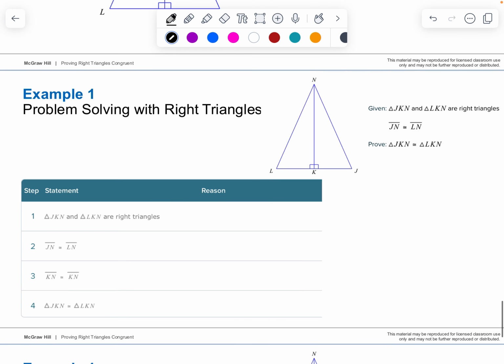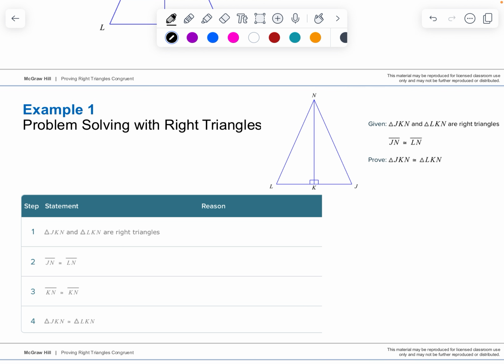I gave you a fill-in-the-blank proof. This is from Alex. So you need to fill in the reasons. This will be one of your topics in Alex. So go ahead and pause me, fill this in, and then unpause me to get the answers.